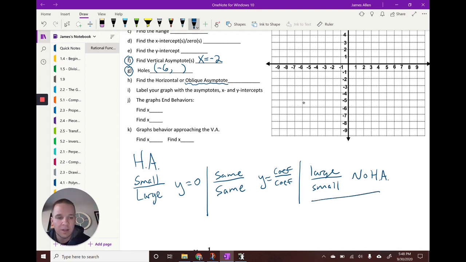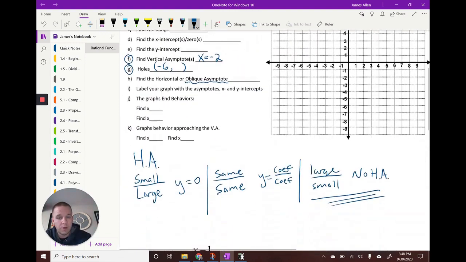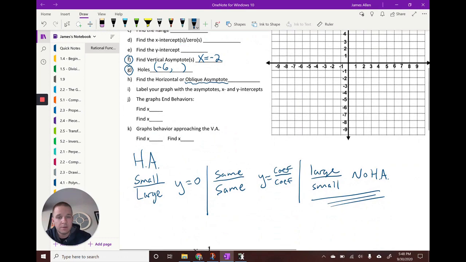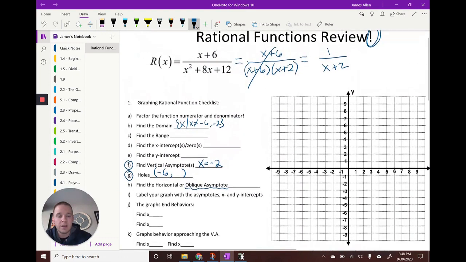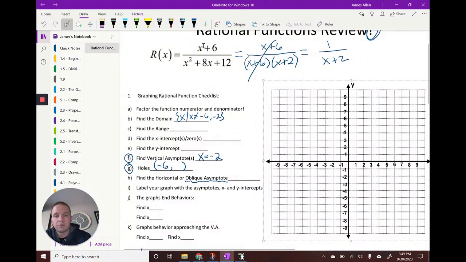So this is where we're going to get a little more information here in the coming days, all right? So for this particular one, you may want to jot that down, by the way. Pause it and jot it down if you need to, if you don't remember those. For this particular one here, it's small degree, a degree of 1 over 2, so small over large. That's going to be y equals 0.